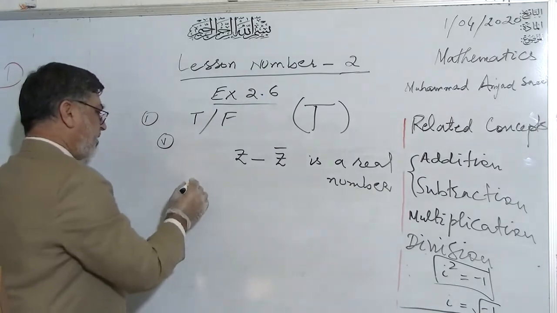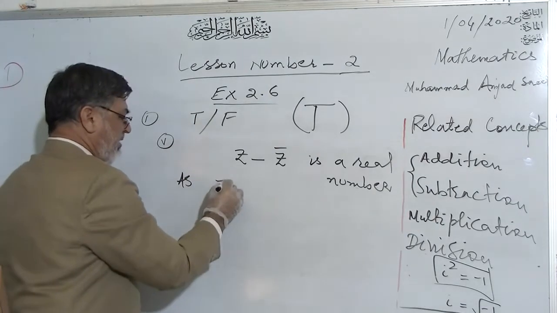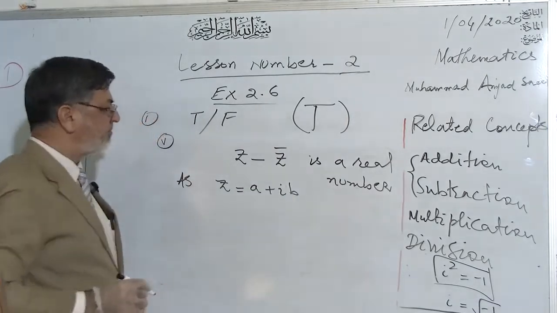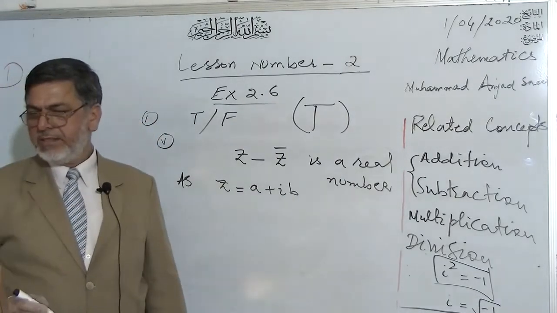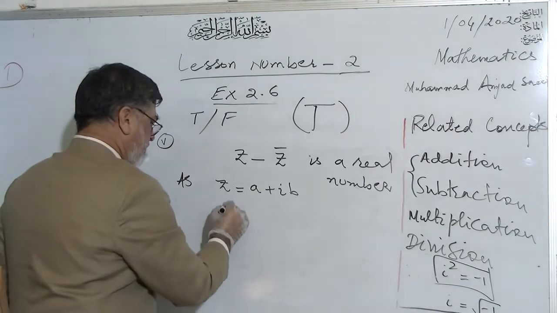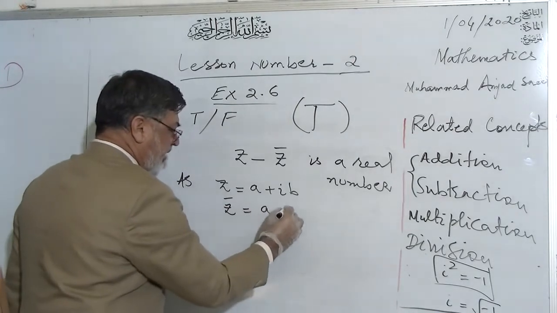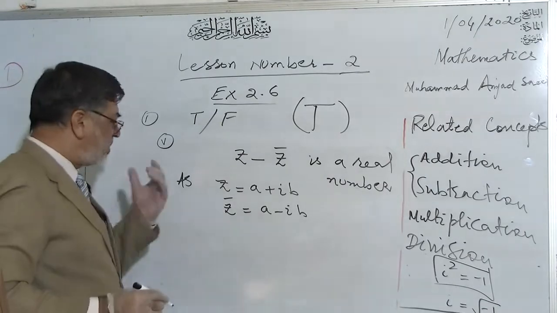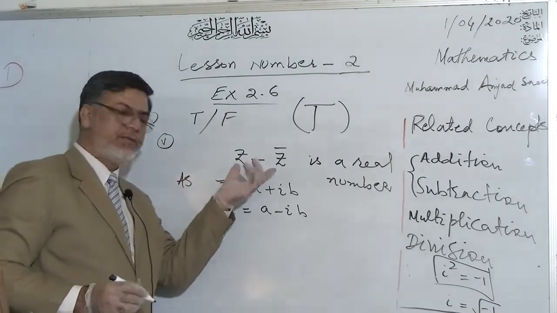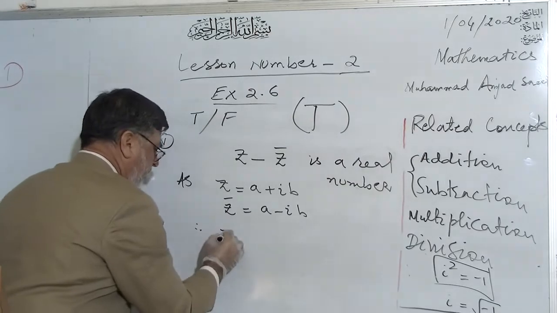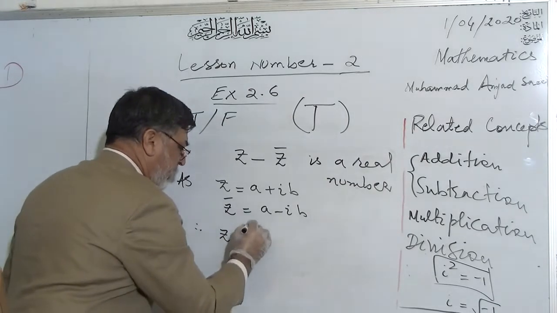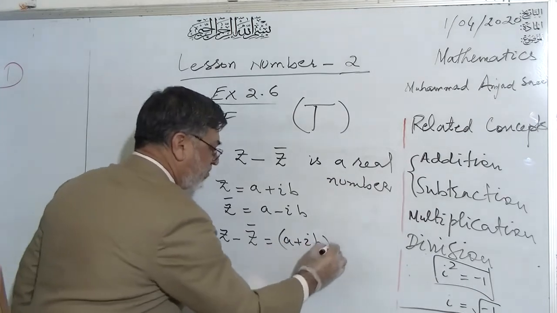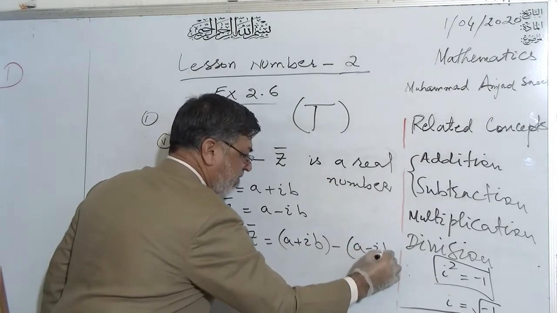You know that as z is equal to a plus iota b, then the conjugate z bar is equal to a minus iota b. Using these values here, therefore z minus z bar is a plus iota b minus a minus iota b.